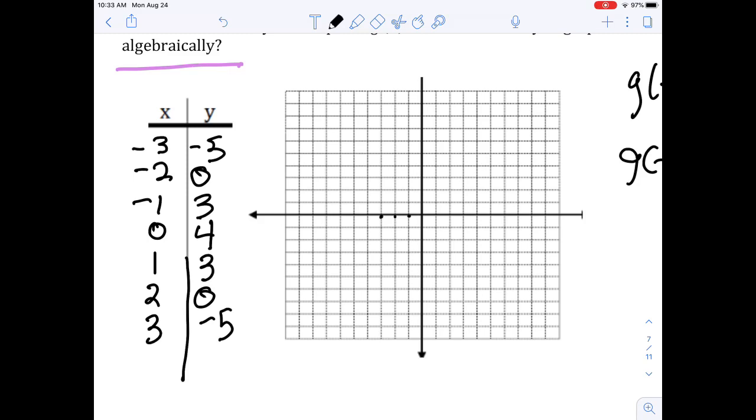Again, zoom in so I can see it a little clearer. 1, 2, 3. All right, so I have some points. I'm going to go ahead and draw the curve.